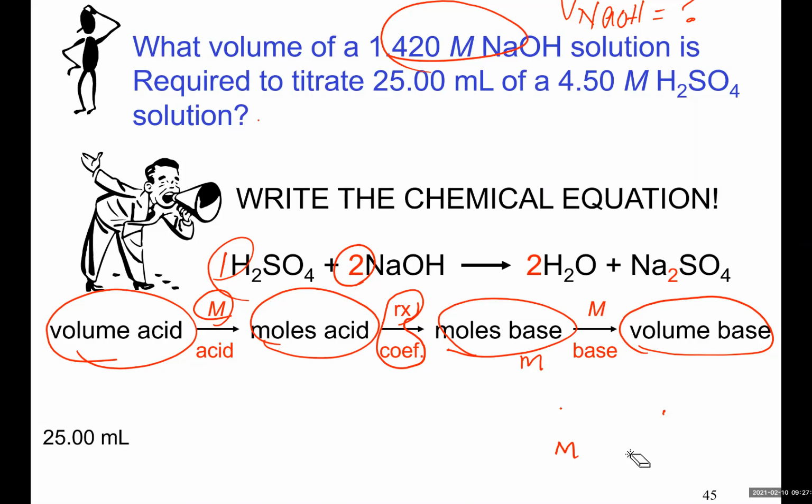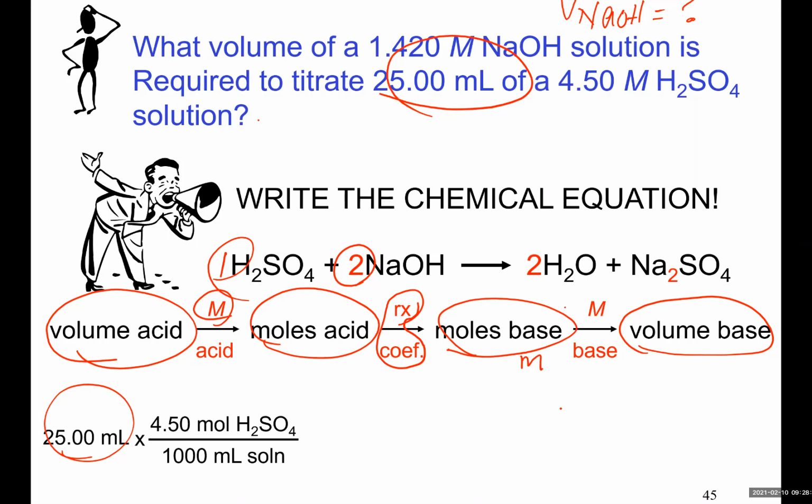And if I go to the next slide, I start with the volume of the acid. Volume of the acid, 25 mL. And I'm going to go to moles of acid. So I want to cancel volume, milliliter, and go to number of moles. Is there a relationship between the number of moles of the acid and volume? The problem says the solution is 4.50 moles per liter.